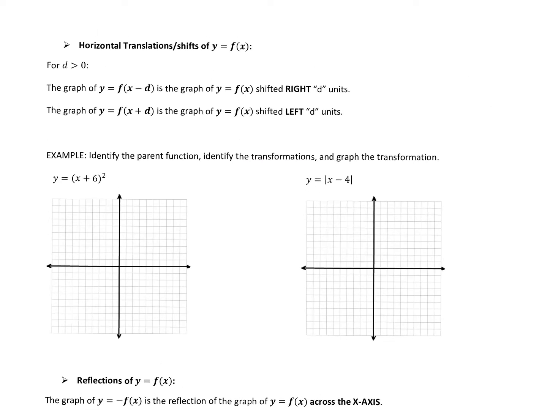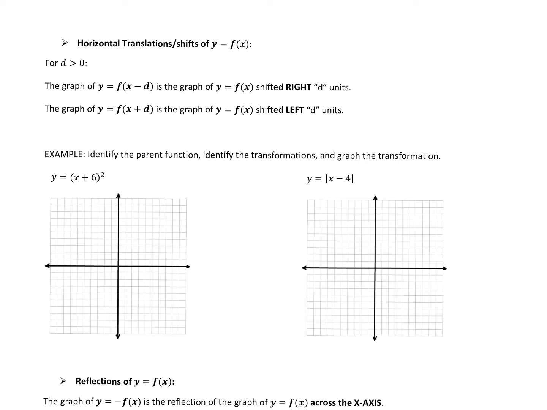So now let's talk about a horizontal translation or a horizontal shift. That's to the right or to the left. So if you have some function y equals f of x and some value d, which is a positive value, if we have y equals f of x minus d, we're going to shift it to the right d units.